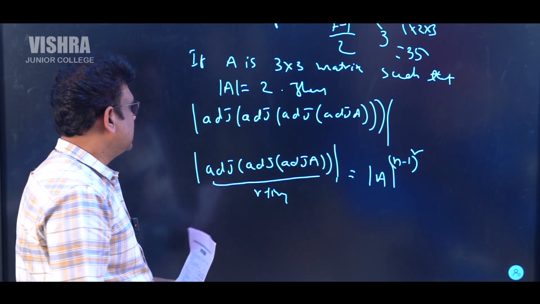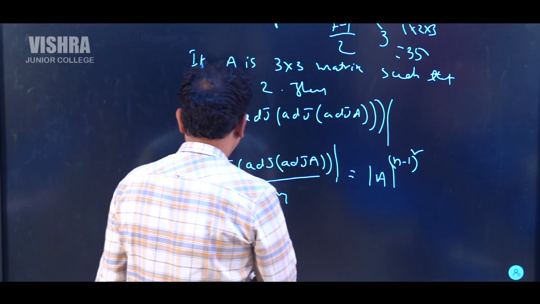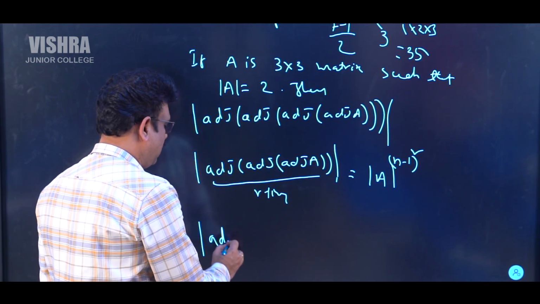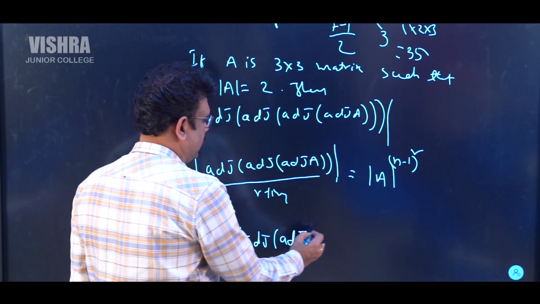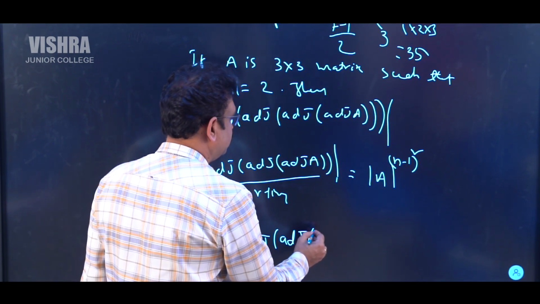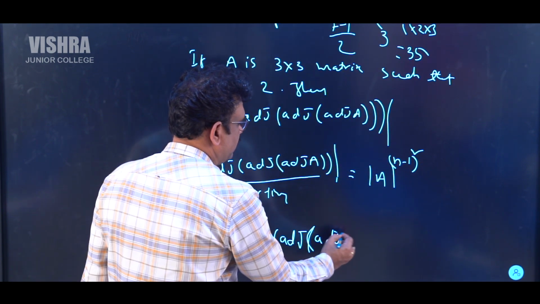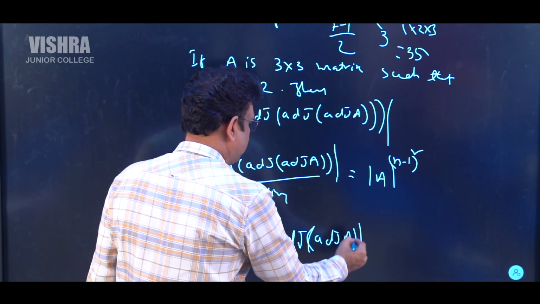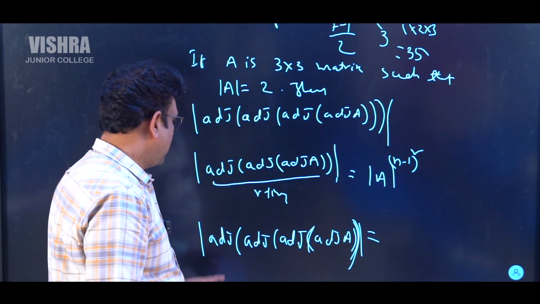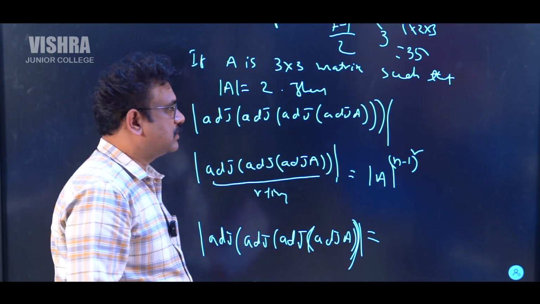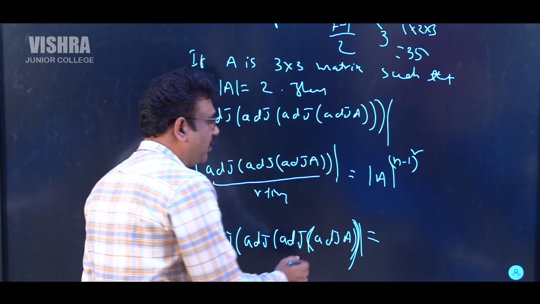So now in this, we have the determinant of adjoint of adjoint of adjoint A, that is 1, 2, 3, 4 times. So that r is equal to 4.